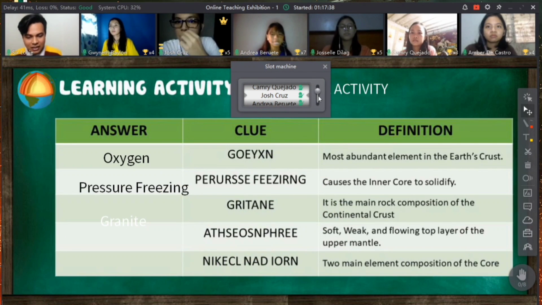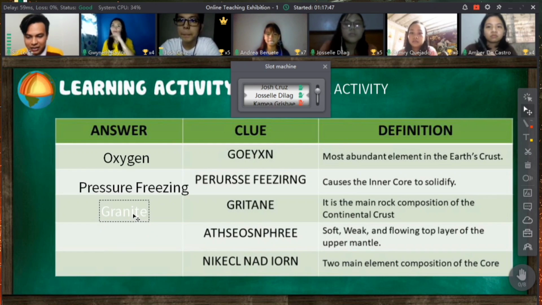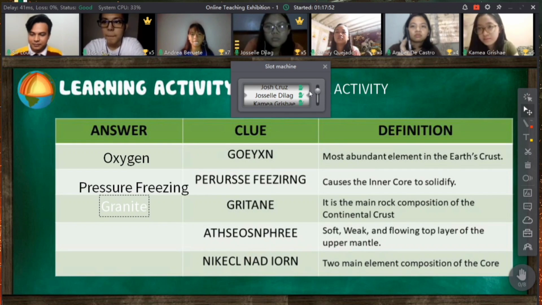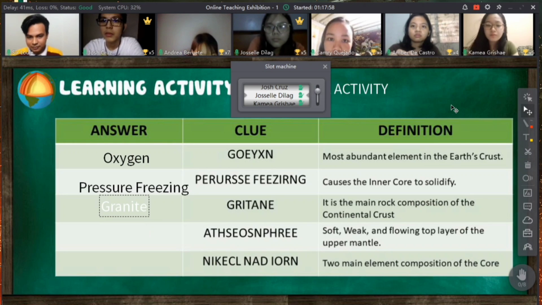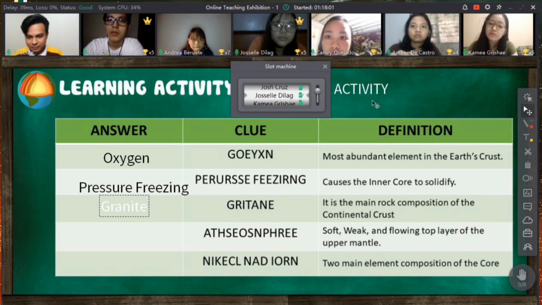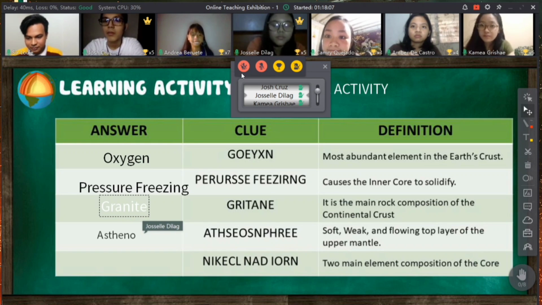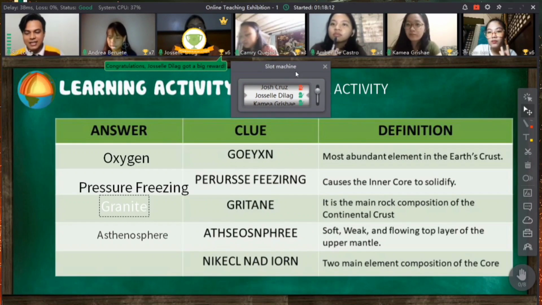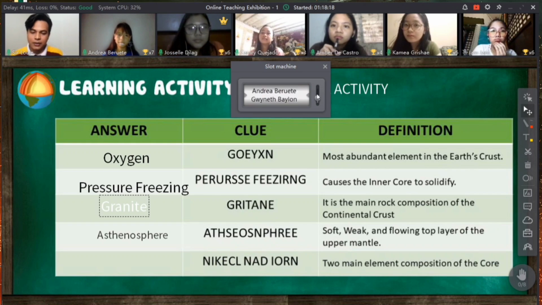Okay, next. Soft, weak, and flowing top layer of the upper mantle. Josel, please type in your answer. Wait, I will authorize you first. Okay, very good. The correct answer is asthenosphere. And for the last one, the two main elements composing the core.